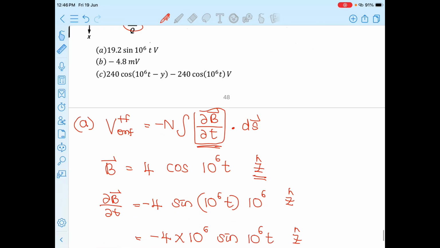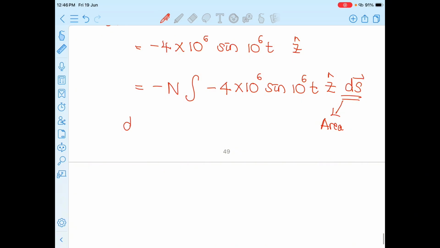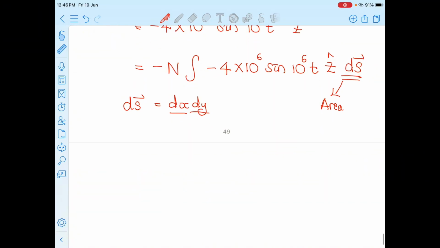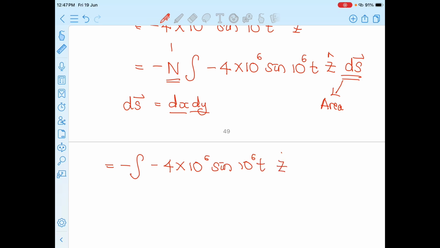If you want to be fast, the dS you can remain as dS. You don't need to break it down into dx dy. You can straight away replace it. And N is equal to 1 because we have only one loop, so I will write down negative 1. So negative 4 times 10 power 6 sine 10 power 6 t z.